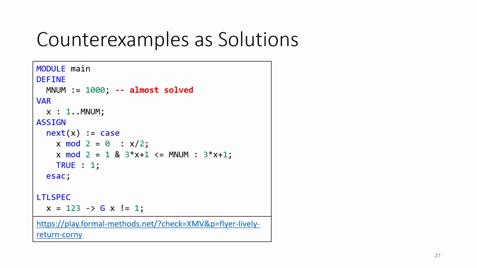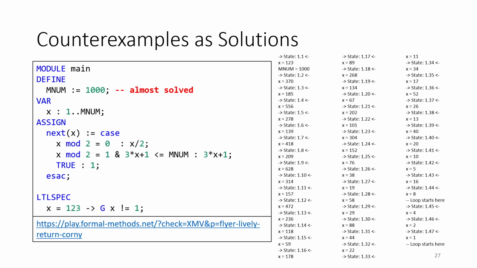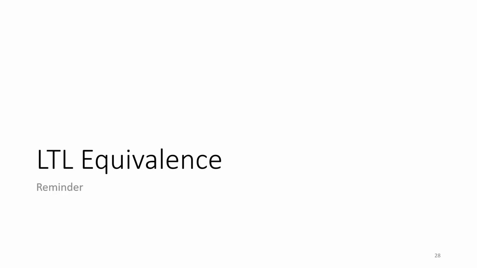Maybe that's a bit cleaner. And then you would get a counterexample. Well, not a counterexample. You would get an example of the sequence that it really ends up at 1. This is how we can constructively use counterexamples to see how to get to some desired solution.